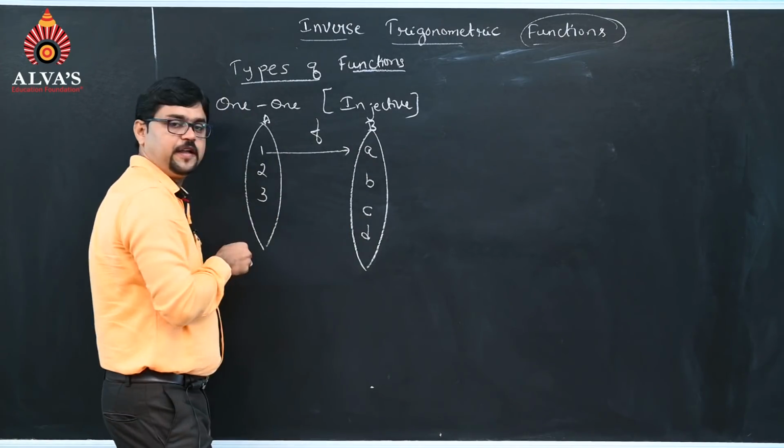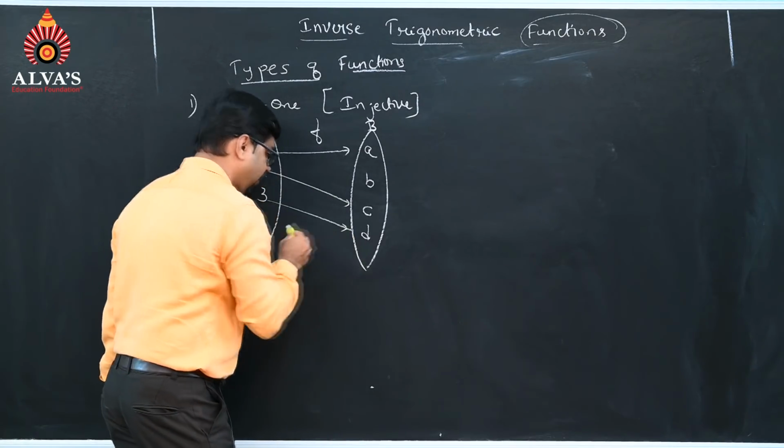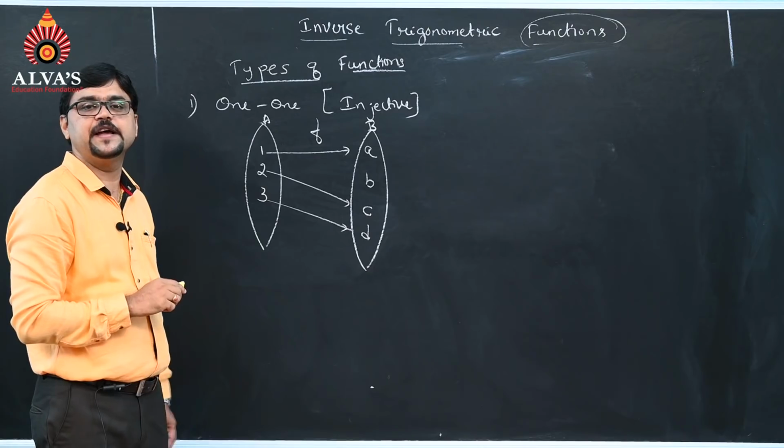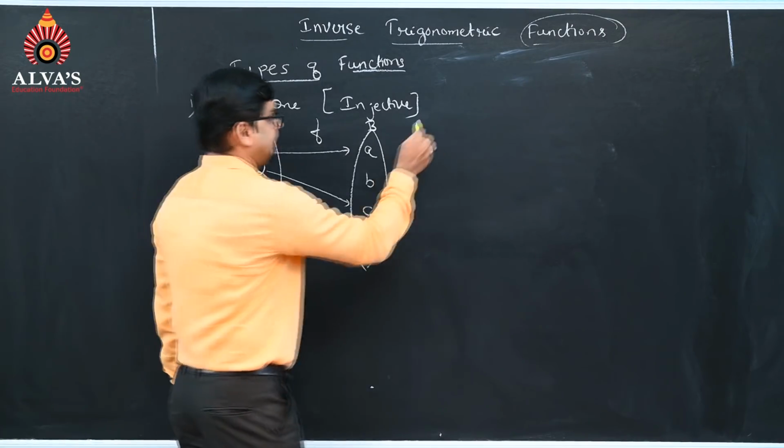If 1 maps to a, 2 maps to c, 3 maps to d, then clearly it is a one-one function.